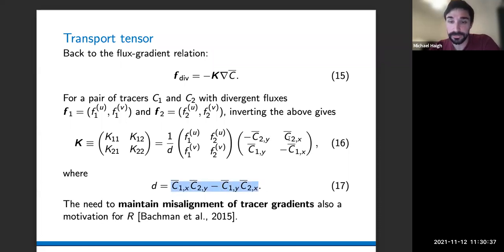You'll notice that if these tracer gradients, C1x, C1y, C2x, C2y, align, then this determinant becomes 0, and this K would then explode to infinity. So this is our second motivation for including the relaxation of the large-scale tracer fields, because we need to maintain misalignment of the tracer gradients throughout the simulation. Without it, the determinant would be 0 and K would blow up to infinity.